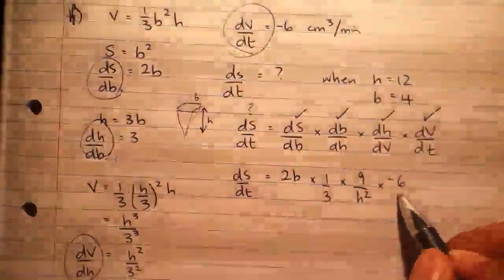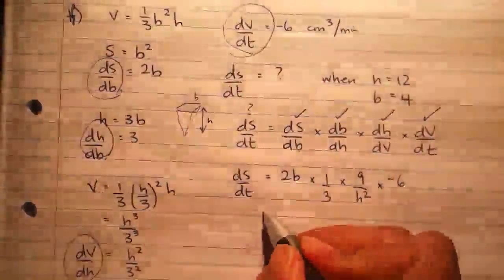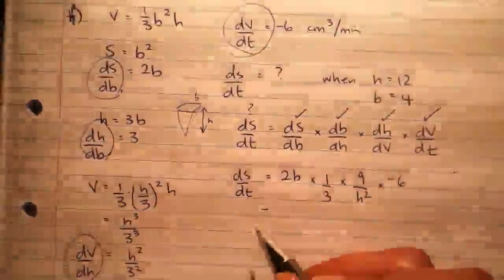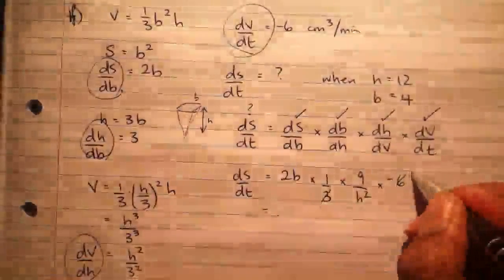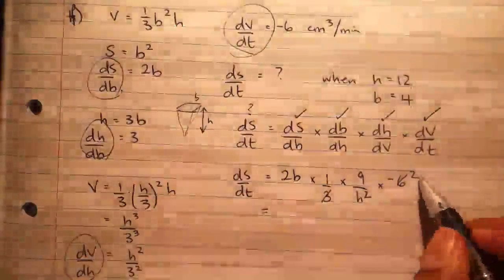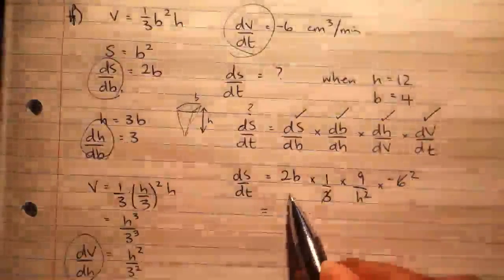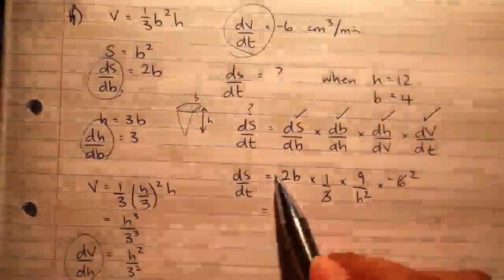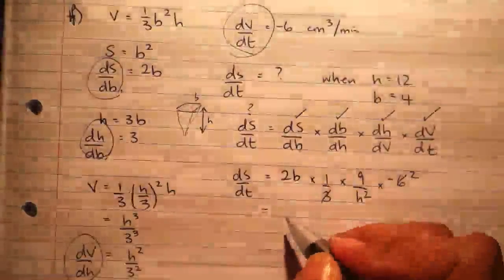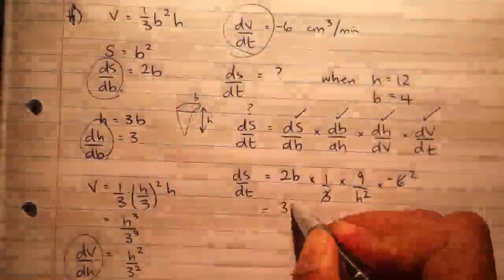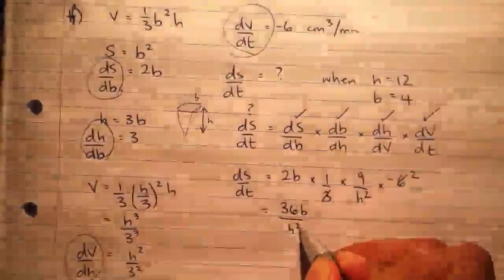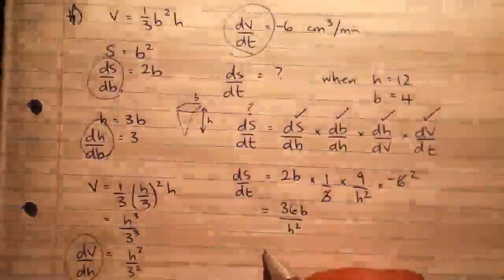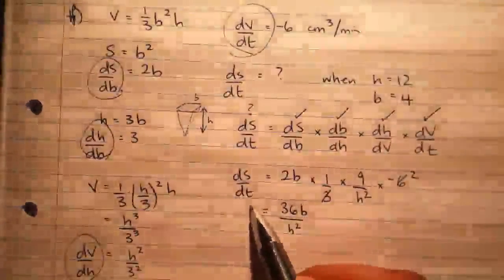Now multiplying -6 through and tidying up, what can we cancel here? Let's cancel that with that. So we've got 2, and 4 times 9 is 36B on top, and we've got h squared down the bottom. This is not the end of the question.